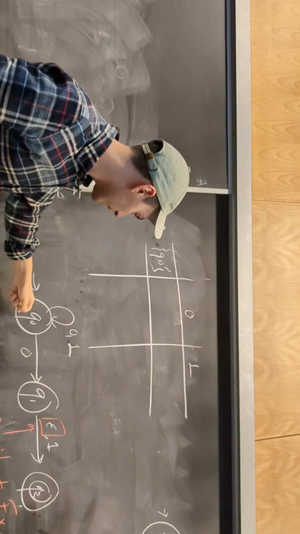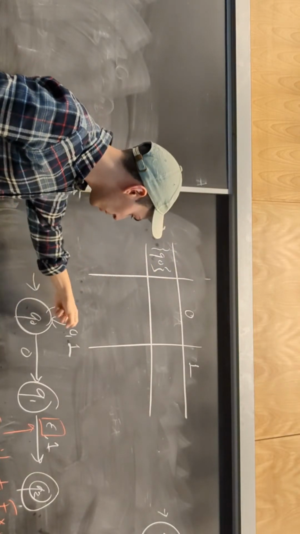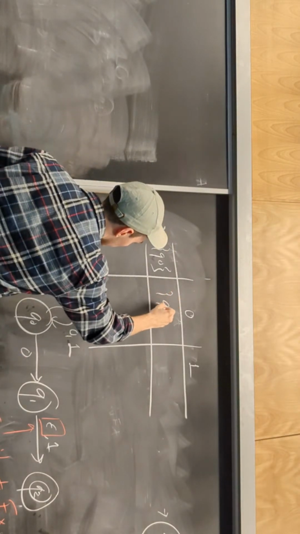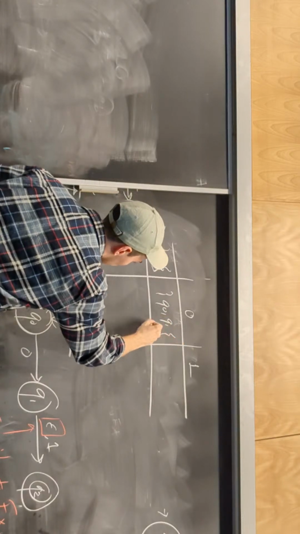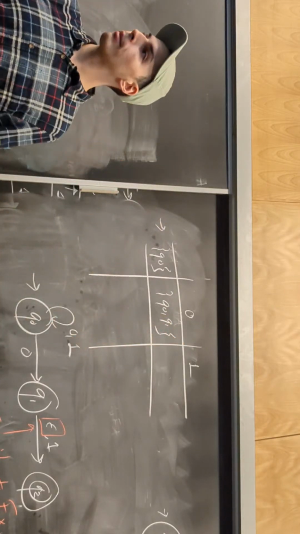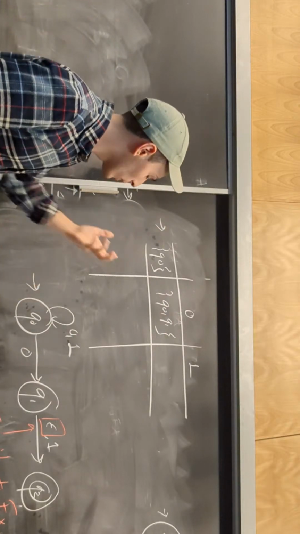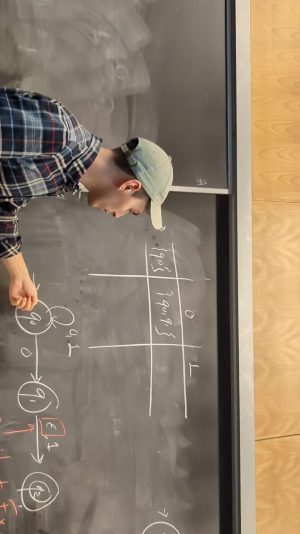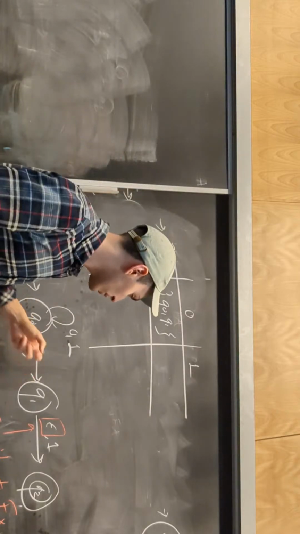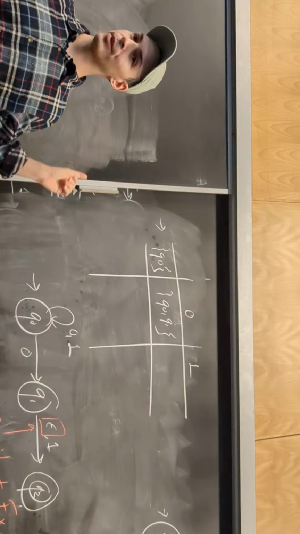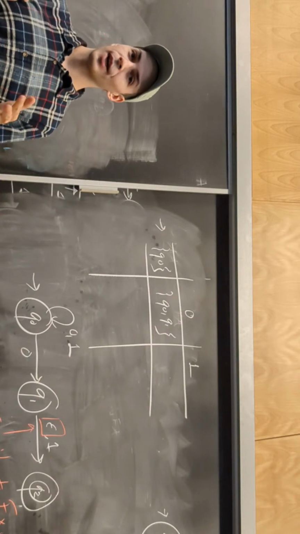It looks like from Q0, I can go to myself, and I can go to Q1. I'm simulating my NFA, so from Q0, when I read a 0, I can go to Q0 and to Q1. No one's stopping me. There's a mistake here. I put it there on purpose.